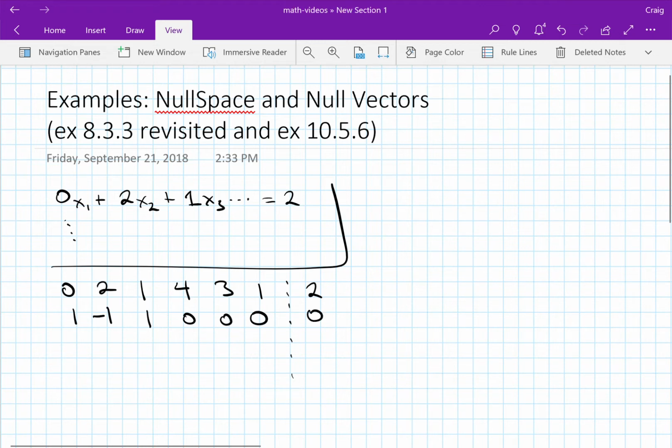The third equation was 1, 1, 2, 4, 1, 2, 3, and the last equation was 1, minus 3, 0, minus 4, minus 2, 1, 0. So those were our 4 equations in 6 unknowns.